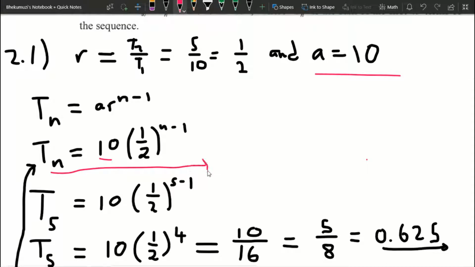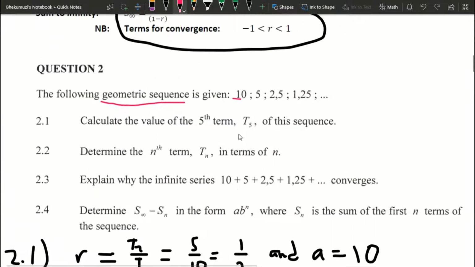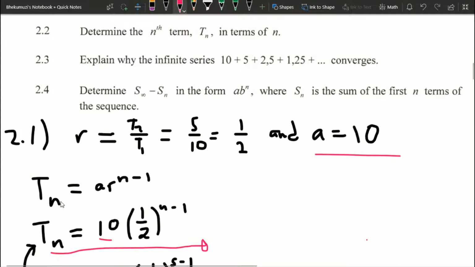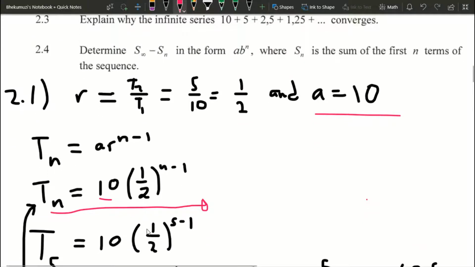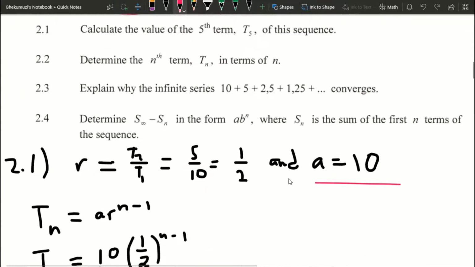But the question is not that you want your general nth term, but you actually want T5. So you plug in 5 for your n, and then you calculate that, and you'd see that when you put in the 5, it will give you 0.625 or 5 over 8, right? But it's best maybe to put it as 0.625 because here you can see they use decimals as well.